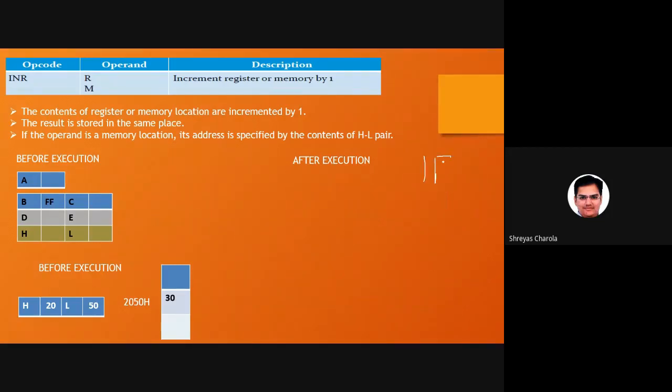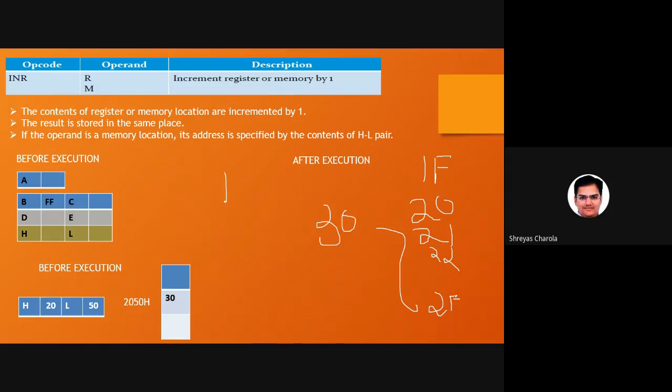After 1F, it's 20. Again, start with 21, 22, 23 up to 2F, and the last number I will get is 30 again.